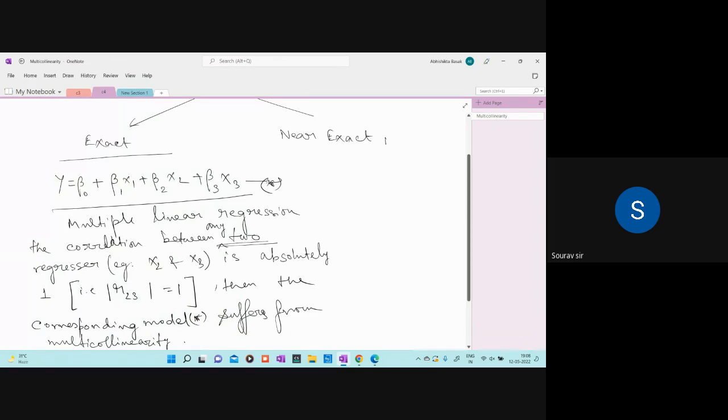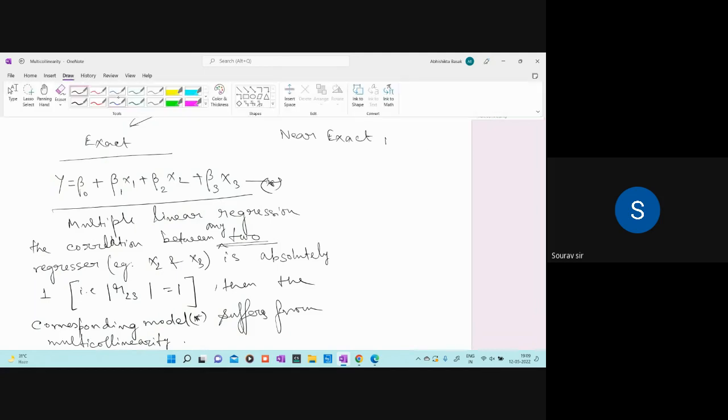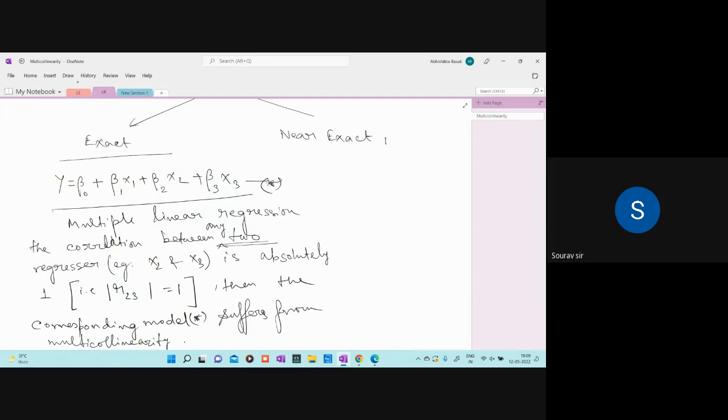It is the correlation between the two regressors, or the two covariates, that will be exactly equal to 1. But in case of near exact multicollinearity, the scenario is different.